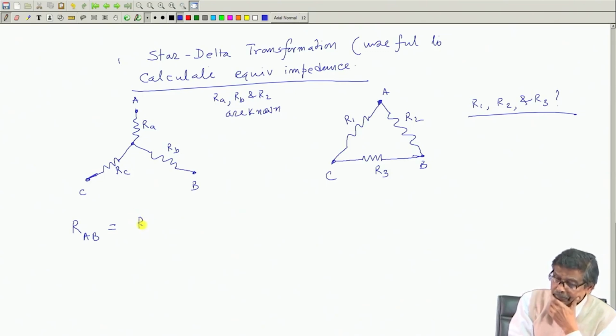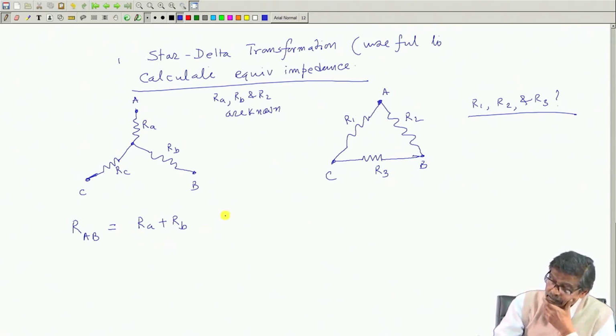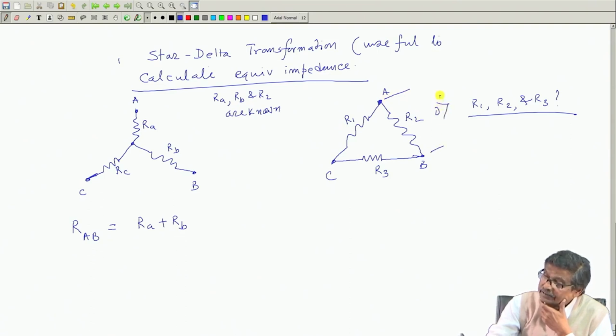So R AB will be R A plus R B. If nothing is connected at C, it will be R A plus R B. And this R AB, if these 2 are equivalent, must be the same if you see from this end what is the equivalent impedance. At C nothing is connected.